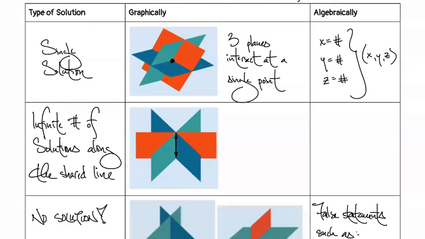All right. And we want to say that it's different from the first one because it's not three planes intersecting at a single point, but three planes intersect at a single line. Okay.